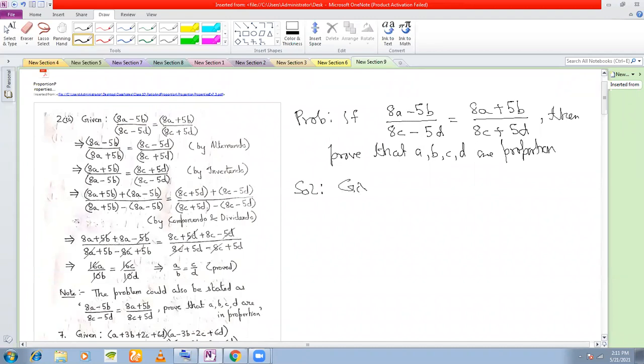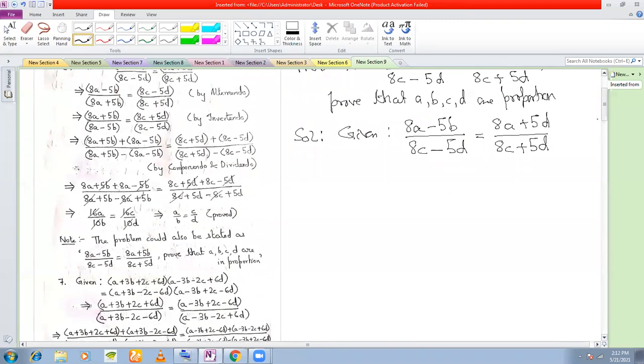So we start with the given proportion, 8a minus 5b divided by 8c minus 5d is equal to 8a plus 5b by 8c plus 5d. Now what you do is you take all the a's and b's on one side. How do you take the a's and the b's on the one side? This is by alternando, right?